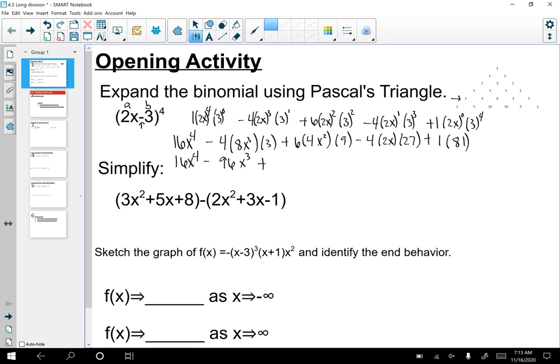Then we multiply that by 9 to get 216 x squared. Minus 4 times 2 is 8 times 27 gives us again 216 x. Don't forget your x. And then 1 times 81 is just 81. So this is our final answer for expanding using Pascal's triangle.